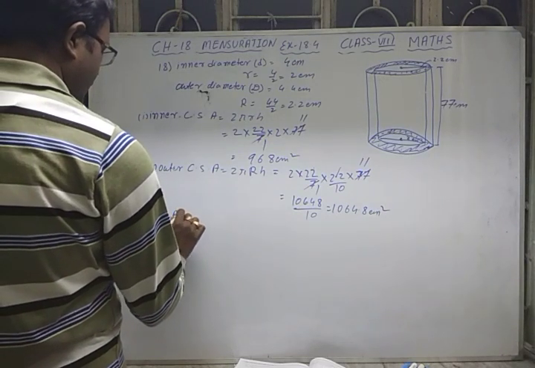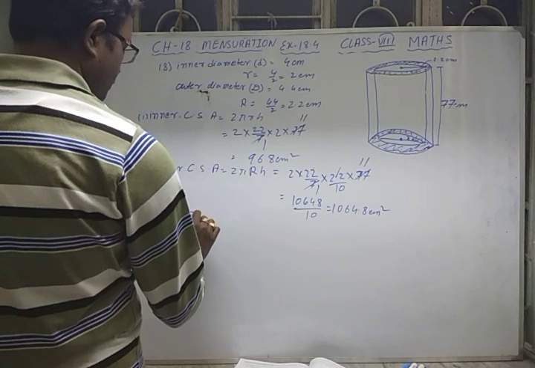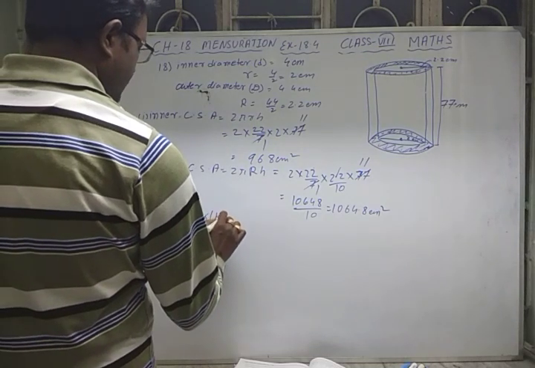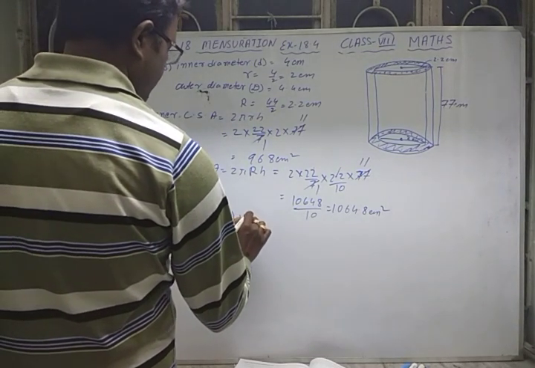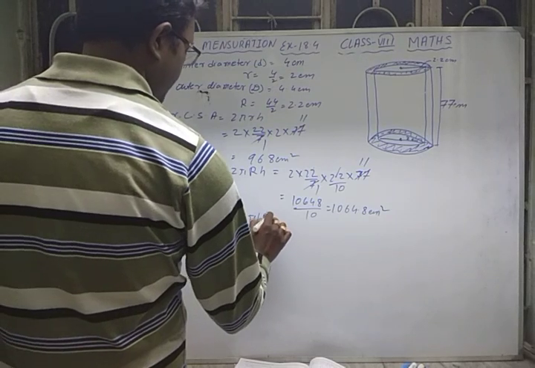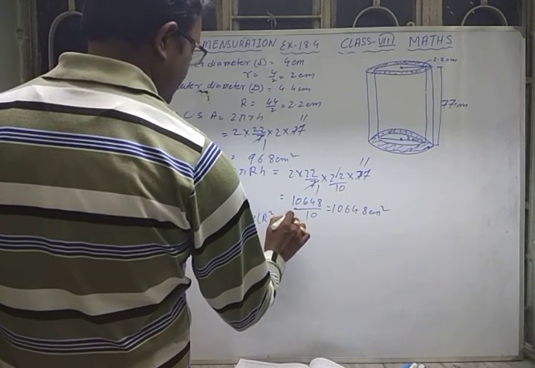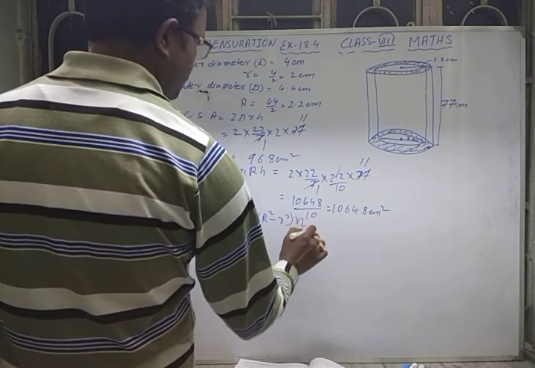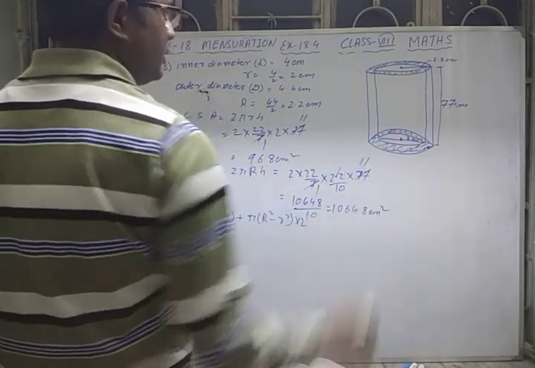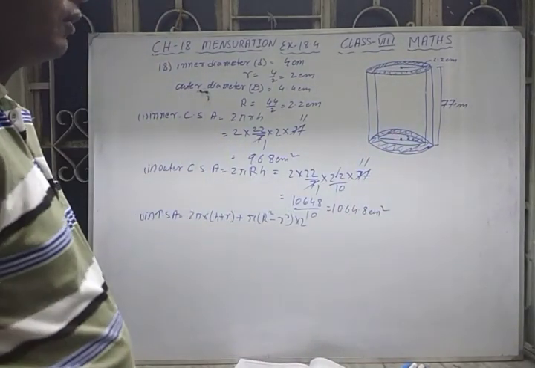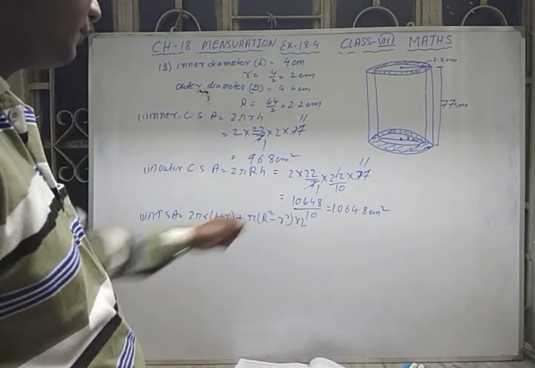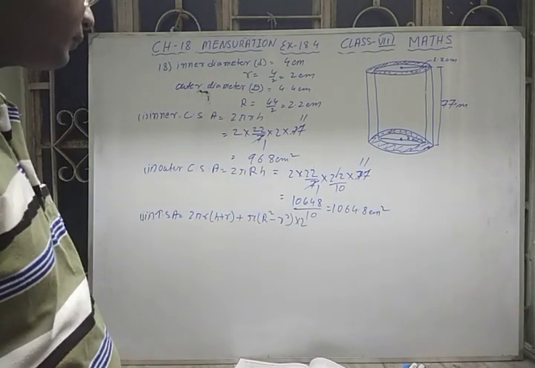total surface area is equal to 2 pi R h plus r plus pi capital R square minus small r square into 2. Why have you taken 2? Because 2 circular ends are there and 2 concentric circles are there. So you have to use the formula 2.